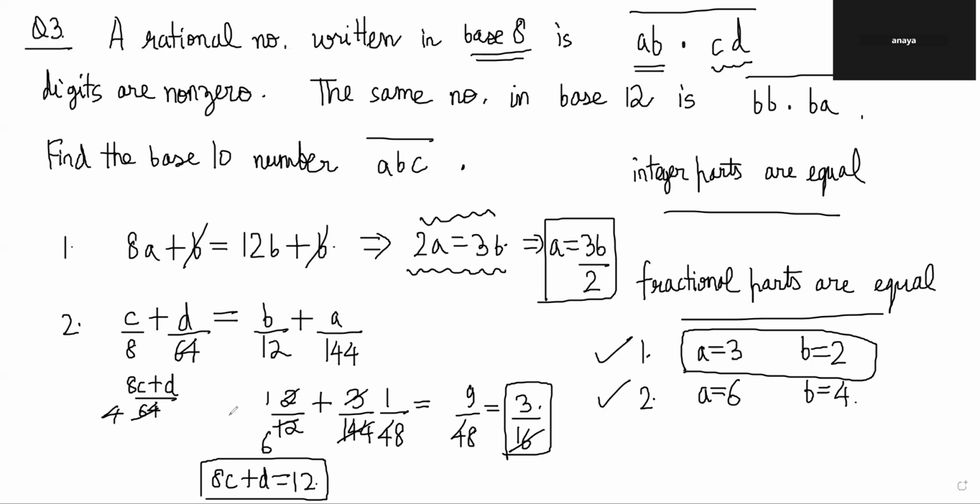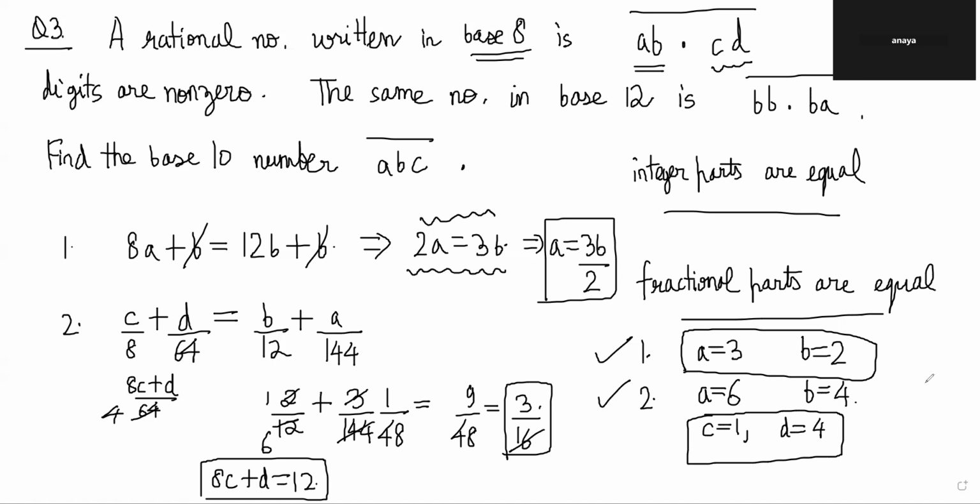So how can you get 8C plus D equals 12? C can be 0 also, but then D is not possible. So C has to be 1, and if C is 1, D is 4. If C is 2, it's impossible.